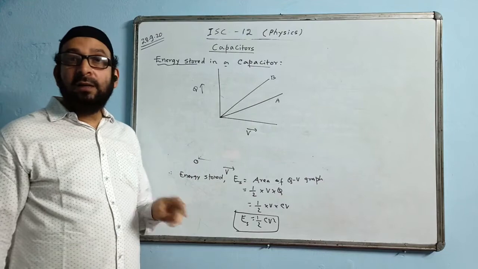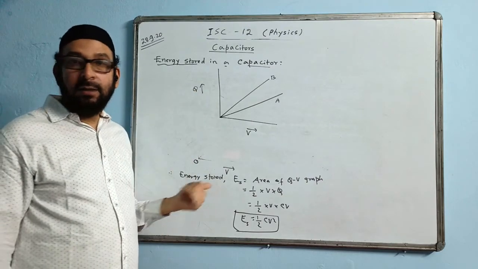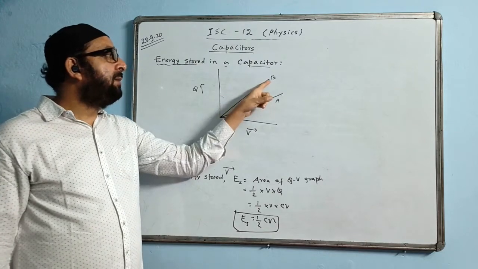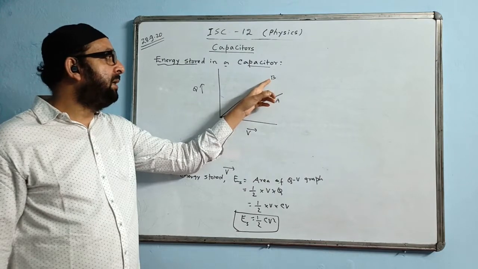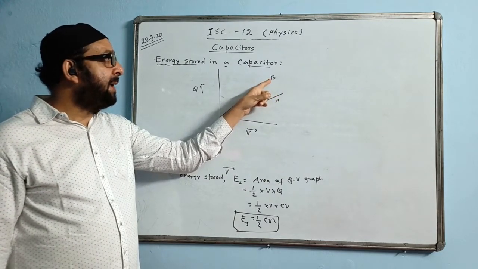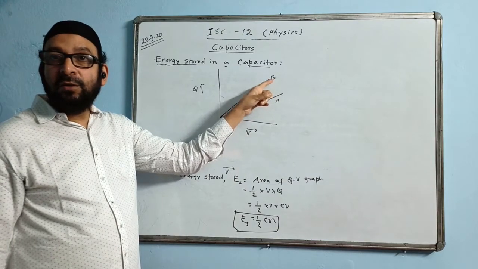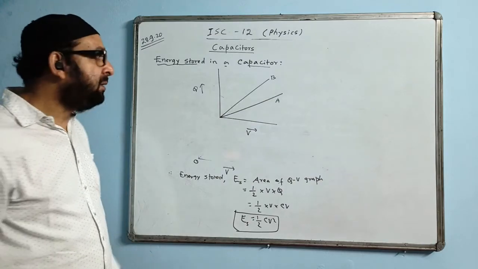And in parallel, the value of total capacitance is greater than the greatest, as I said. In parallel, we will expect to get a high value of capacitance. So that means this B line represents parallel, because in parallel combination of capacitors we simply add them and the answer comes greater than the greatest.